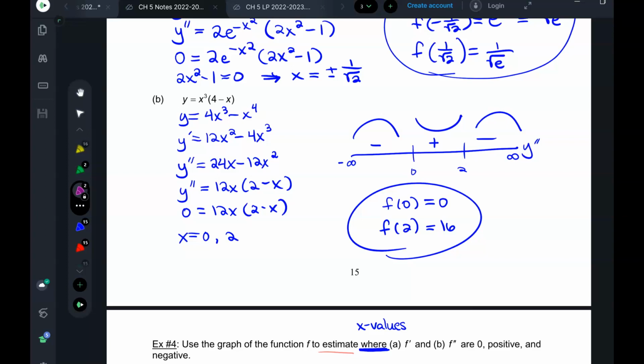Yes, but here's where I want you to be careful. There are scenarios where it could be negative, and in that case, 0 would not be a point of inflection. Just because you get values where it's equal to 0 or undefined doesn't mean they're necessarily going to be a point of inflection, because you can have a graph that is concave up and then stays concave up.